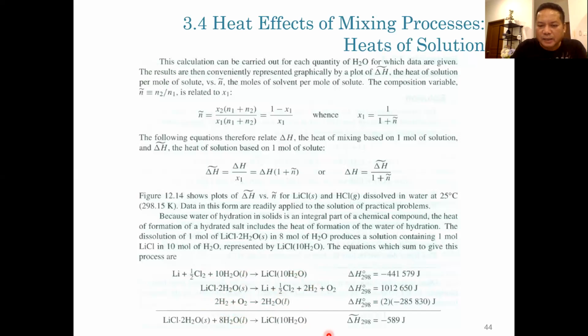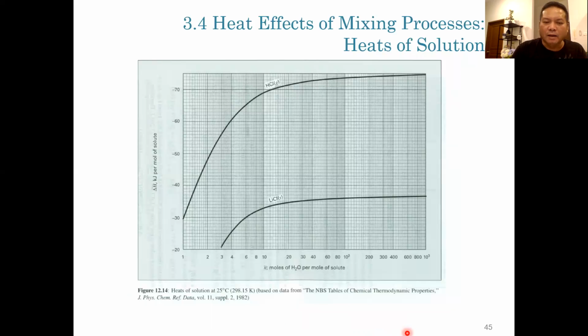So the heat of formation in the solute is minus 589 joules. We can plot that here: the number of moles per solute and then the enthalpy. With a higher number of moles, toward the end, you will get a flat graph.